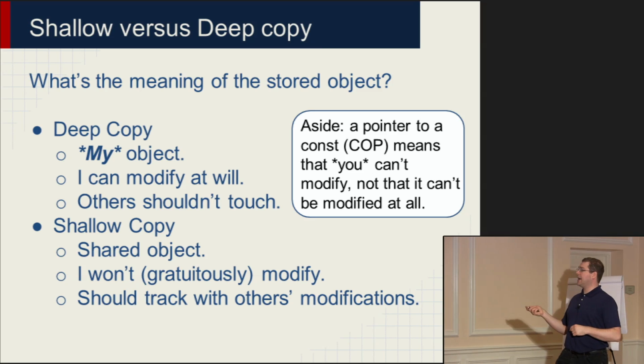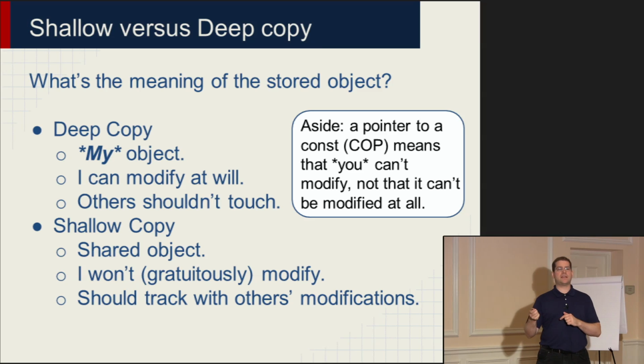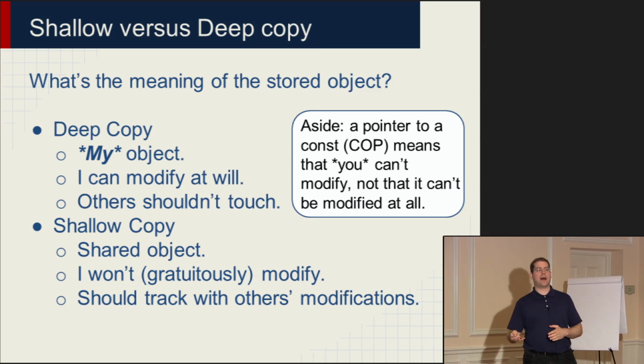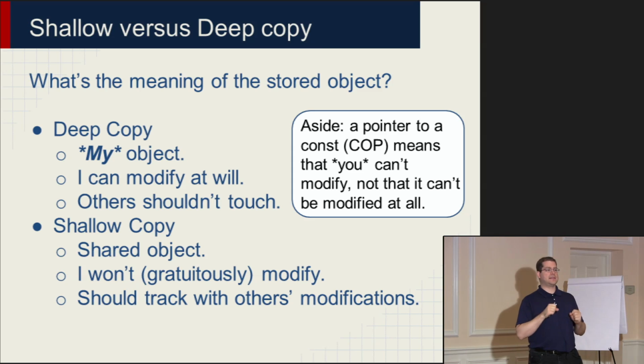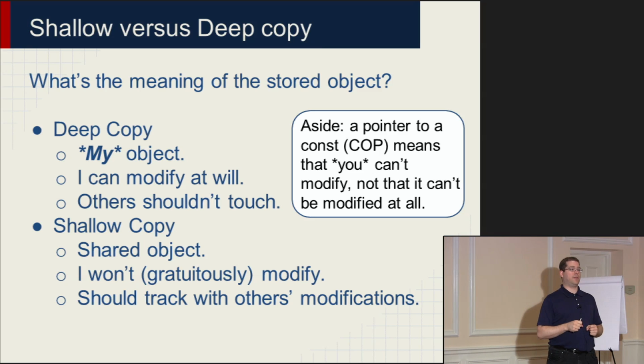So as an aside, the question arises: if you don't want modifications to be made to an object, why can't you just store it as a constant owning pointer? And this is in the deep copy instance. The point is that just because you're storing something as a constant owning pointer, that just means that you can't modify it.